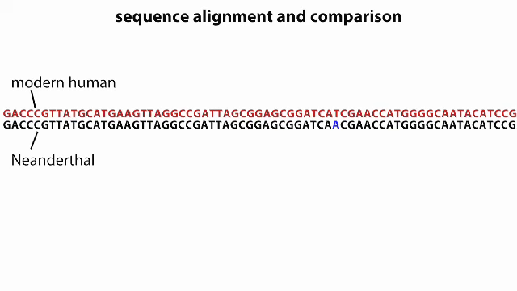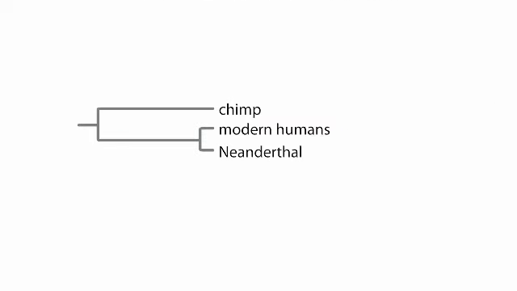The Neanderthal sequence is, like our own, 3.2 billion base pairs in length. Overall, Neanderthals and humans have genome sequences that are about 99.8% the same. Compare that to any two humans, who are 99.9% identical, or to humans and chimps, which are 98.3% identical.